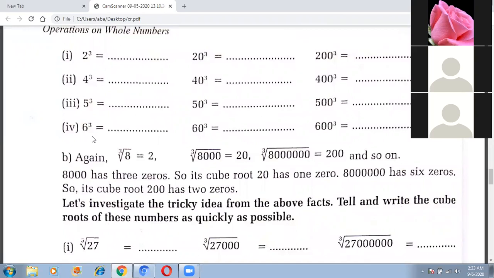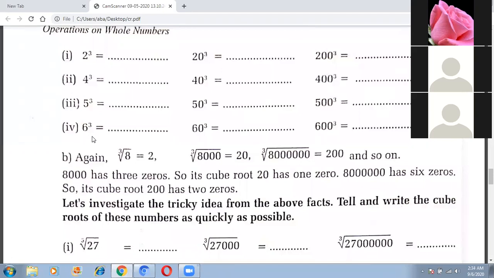In 500, how many zeros? 2 zeros. Yes. Now its cube has how many zeros? 6 zeros. And what is the cube of 5? 125. Cube of 5 is 125. Then at last you write down 6 zeros. 125 लेखिसकेपछि कतिवटा 0 लेख्नु पर्यो, पछाडि 6 वटा 0.